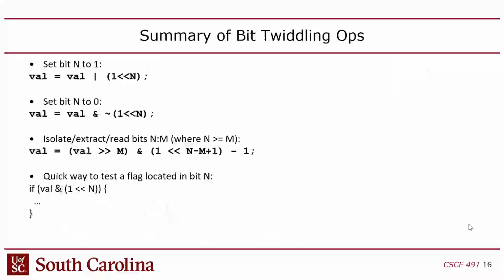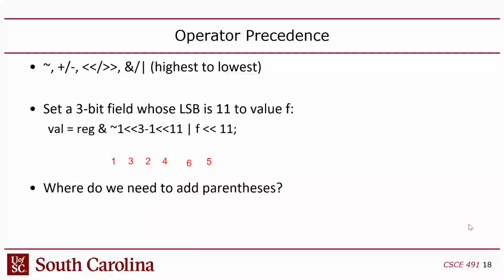So what ends up happening here is, if I put an expression like this, what I want to do is set a 3-bit field that's bits 13 down to 11, right?